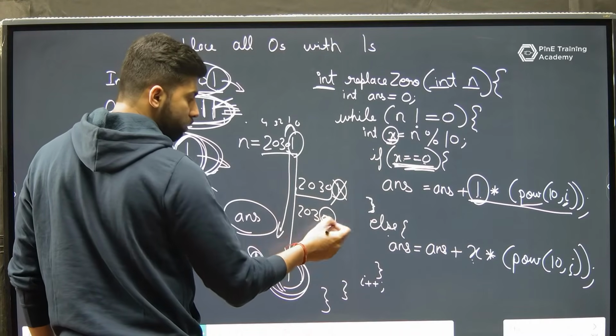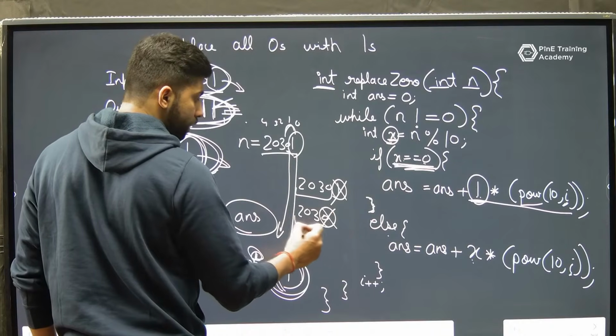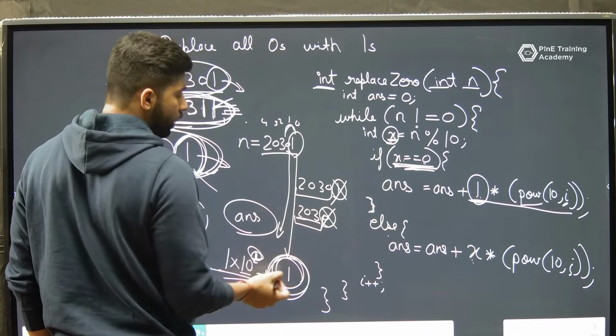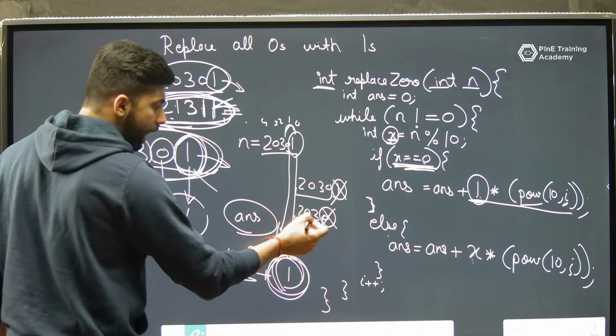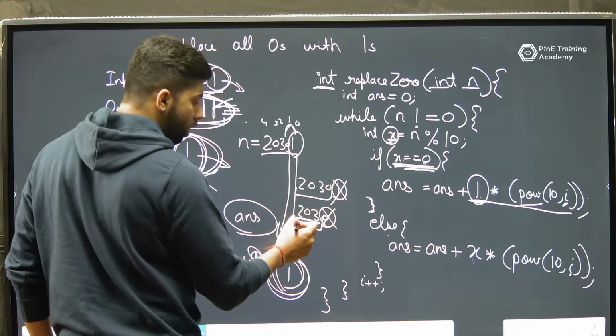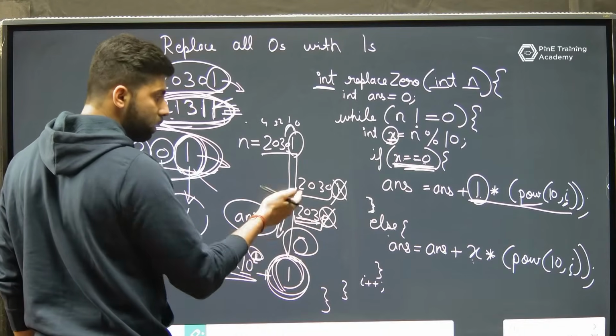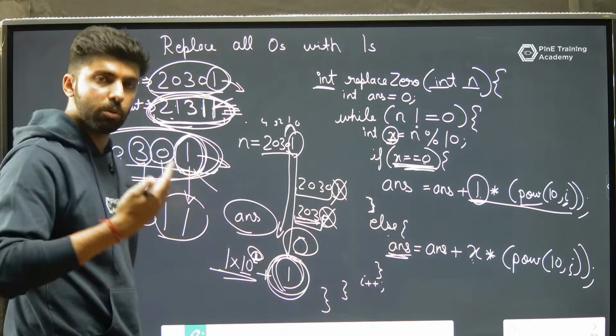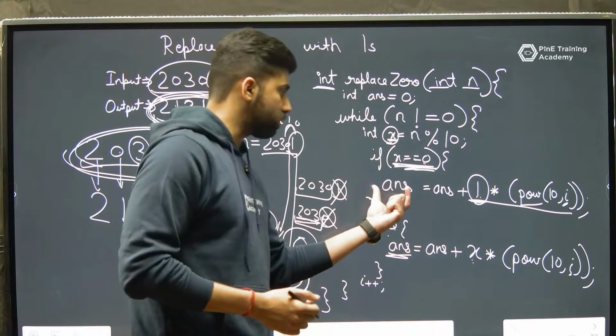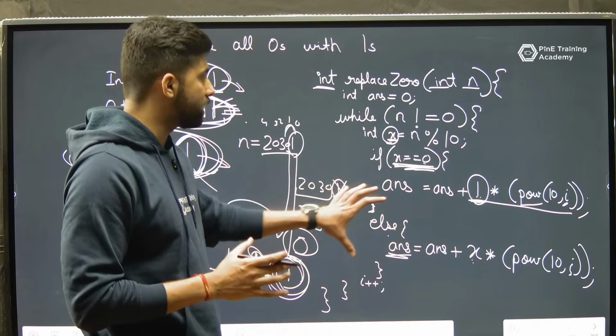When we have used this digit, we will remove it. Then we are left with 203, and so on. So we are actually reducing the digits. So at one point, this all will become 0. So my whole number will become 0, and my answer will store the actual number, right? So we are storing the value in our answer as well.